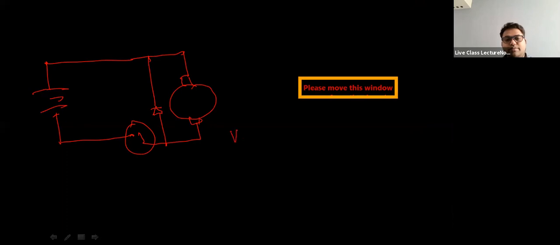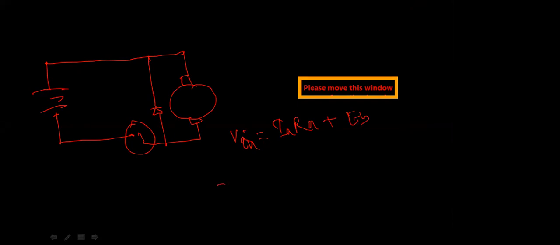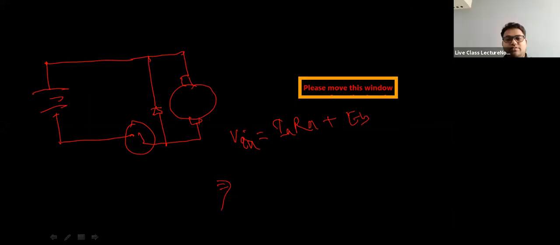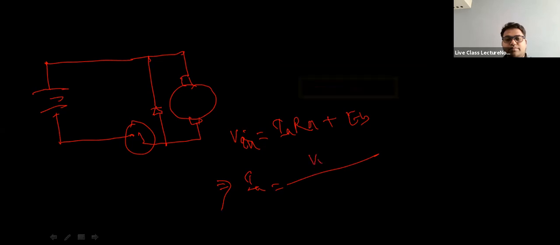V armature, or V in, is equal to IA RA plus E back. Under steady state, where there are no transient conditions, the value of IA would be V in minus EB by RA, right?